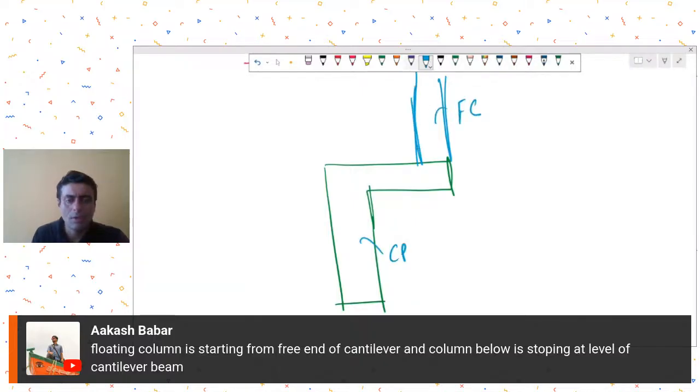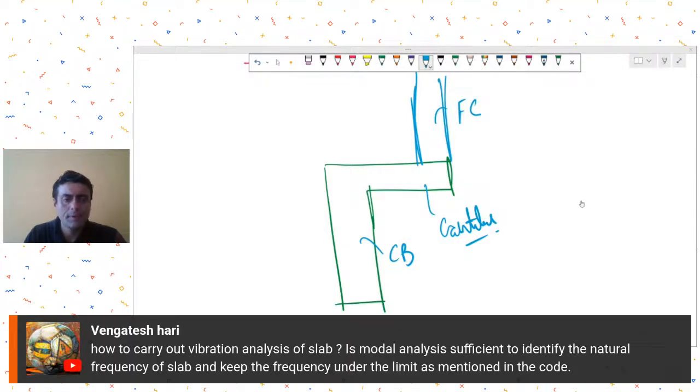This is the column below. This is the cantilever. So what is the question? I'm not sure about the question. Yeah. Maybe you could provide some sketch.